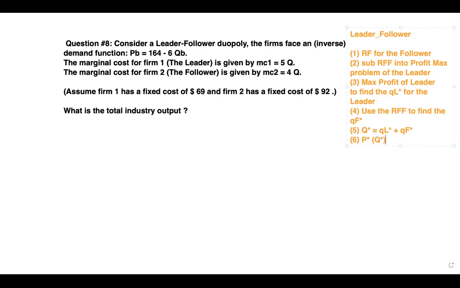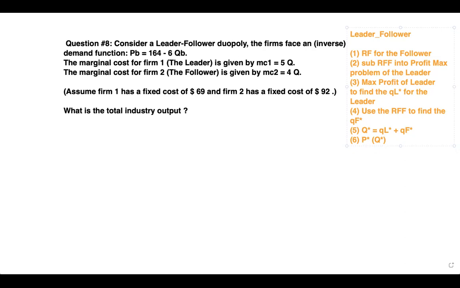And then once you've done all that, if you've done the Cornell stuff, then you know how to find the consumer surplus and the producer surplus and the profit and all that stuff.